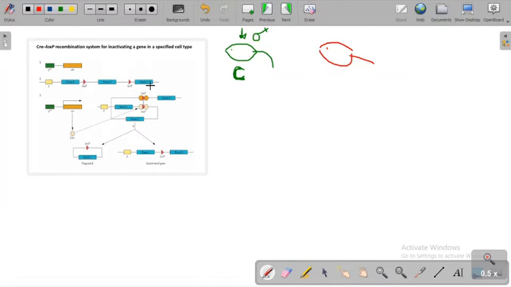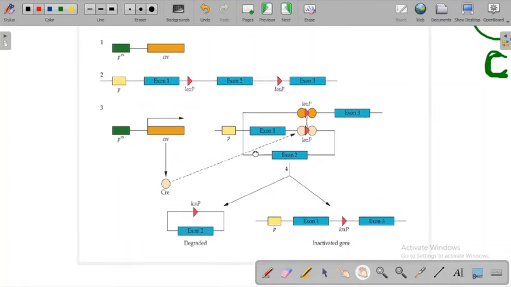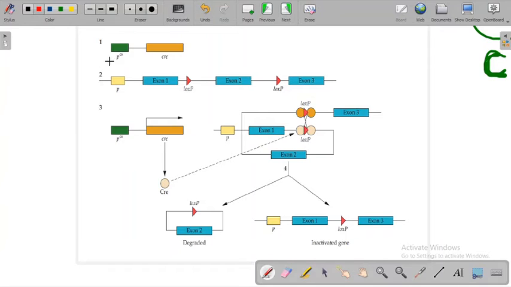Now here, see. This is the first animal, and this is the second animal, which contains a strong promoter, exon 1, LoxP site, exon 2, LoxP site, exon 3. Suppose this is the corrected gene, and now we are preparing the diseased animal.